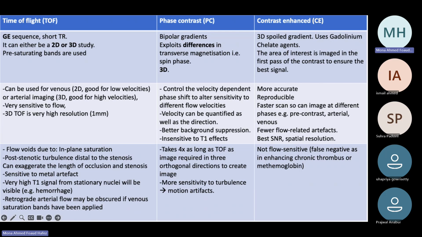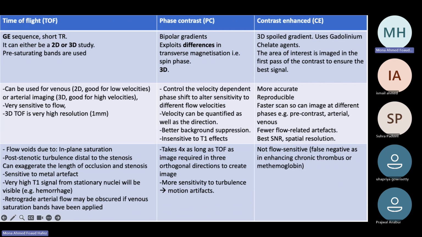So if we apply it distal to the imaging field, we saturate out returning venous flow, but ensure high signal of the outgoing arterial flow. Okay, so we saturate venous signal and ensure that arterial signal will be imaged.